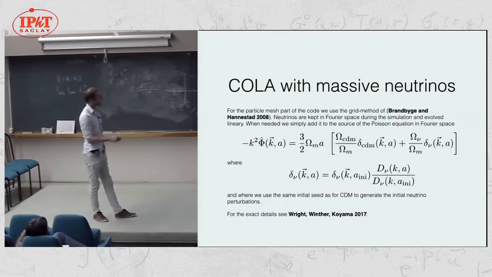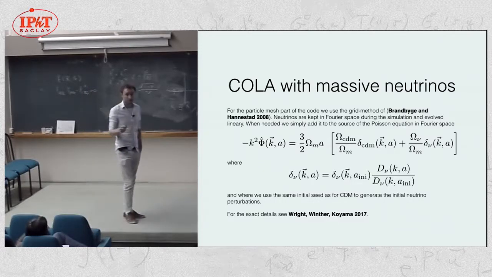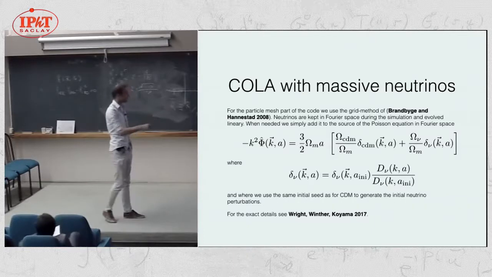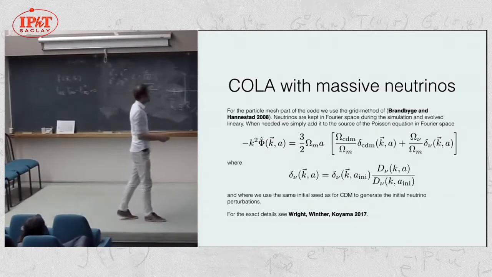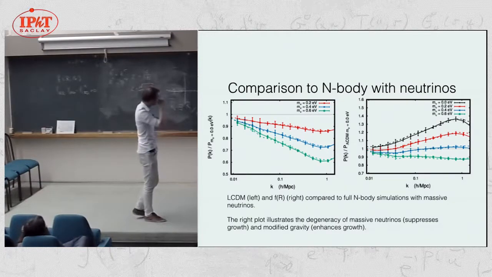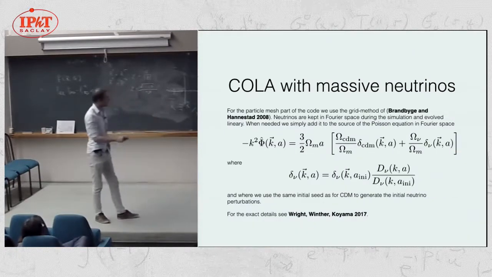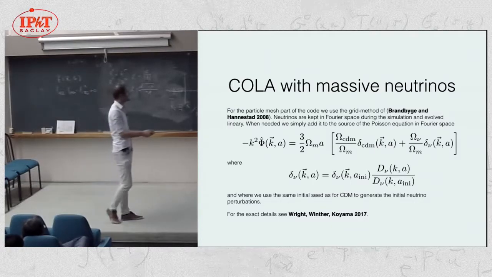As the cold dark matter is evolved freely, the massive neutrinos are kept in Fourier space during the whole simulation and just evolve linearly using growth factors. Well, this is an approximation, but it turns out to be pretty okay, at least for neutrino masses less than something like 0.6 eV.